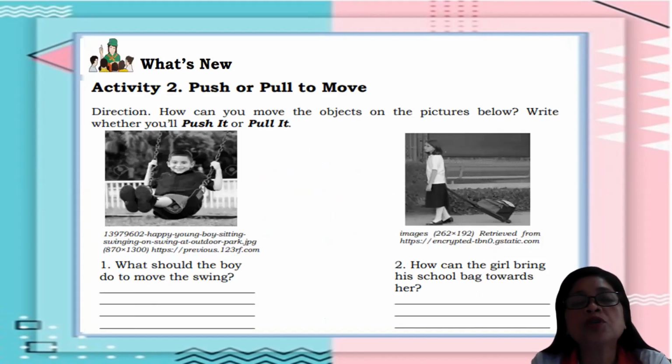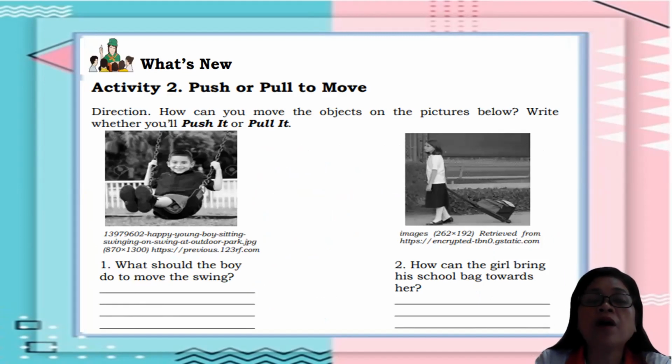Activity 2. Push or pull to move. Direction. How can you move the objects on the pictures below? Right? Whether you'll push it or pull it. For number 1, what should the boy do to move the swing? All right, the answer is push it.